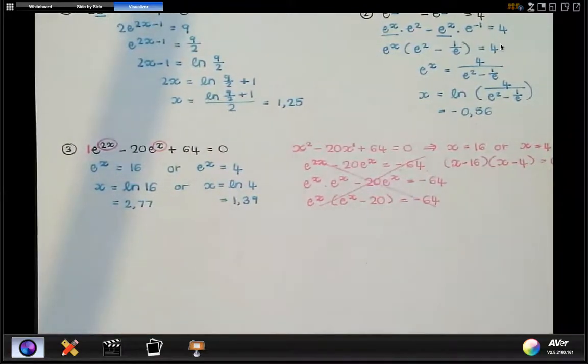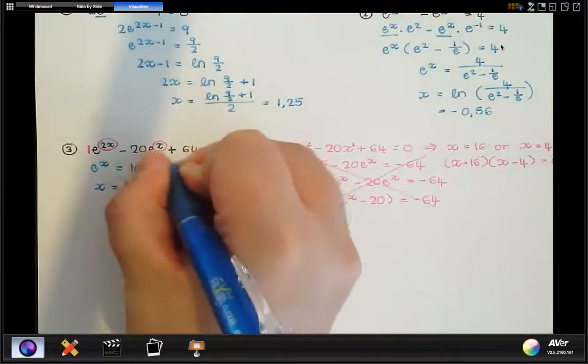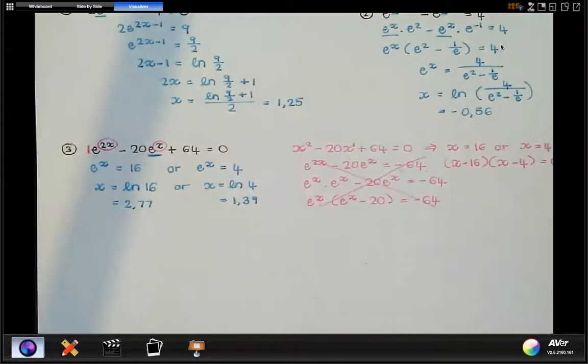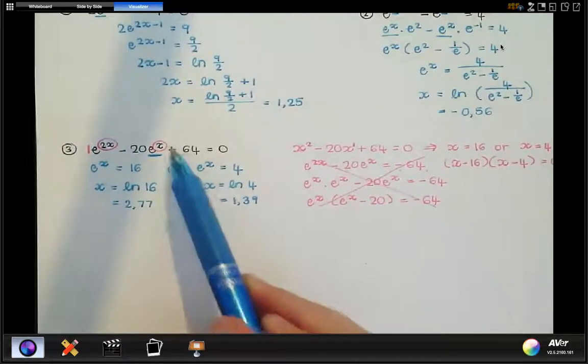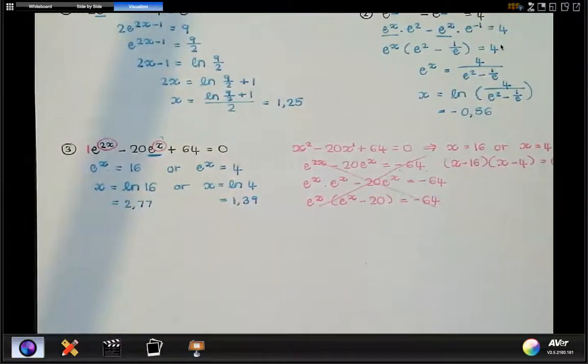So you needed to identify that. Again, the reason for that is because the type of equation that we have is an e to the 2x minus 20e to the x. When you factorize, you always get that your middle term variable is what is equal to those values.